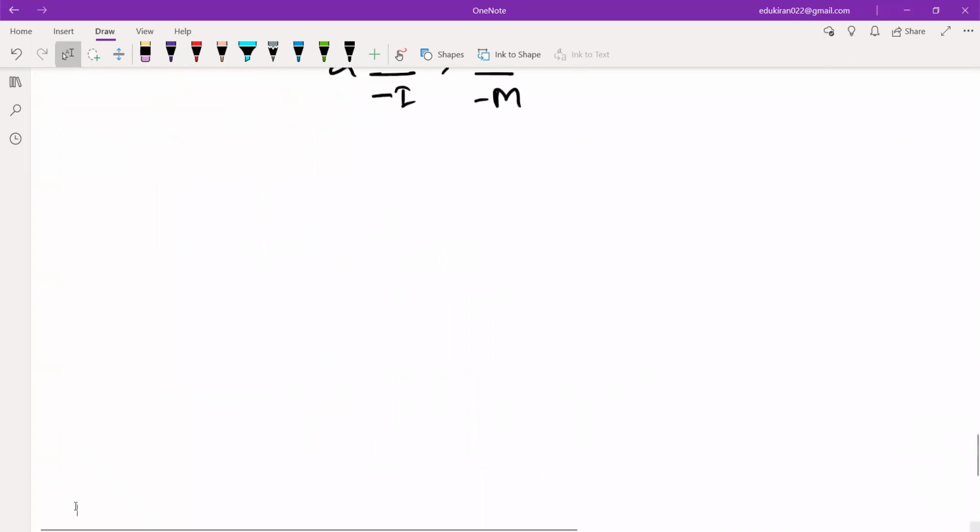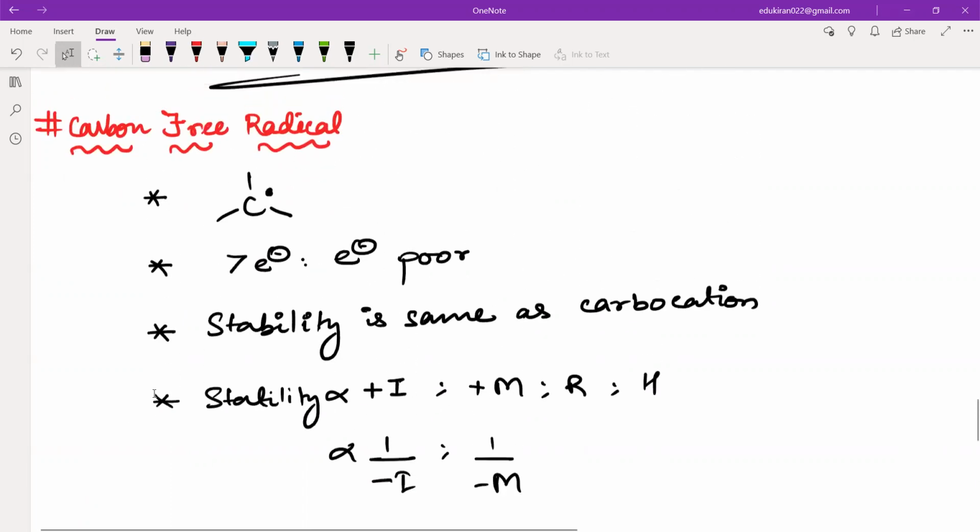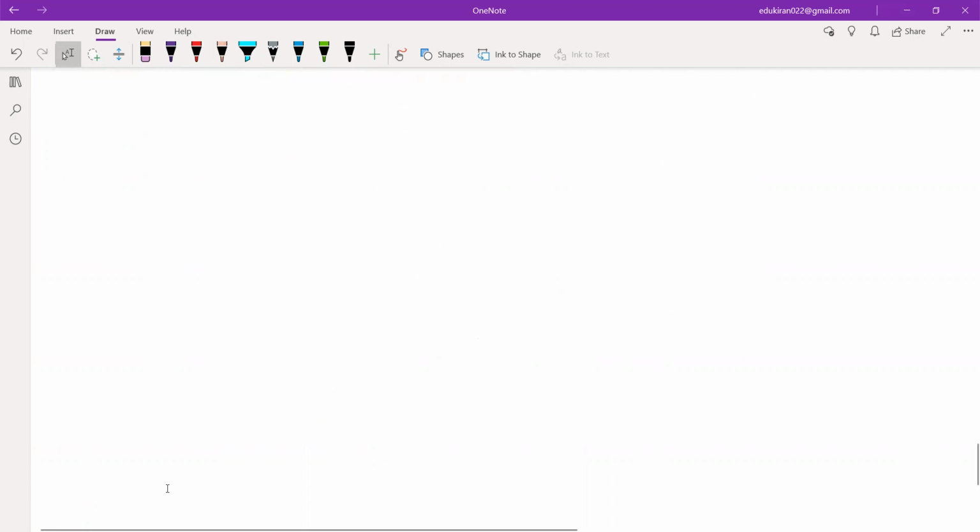Right, next, carbon ion. Okay, now write with me carbon ion.